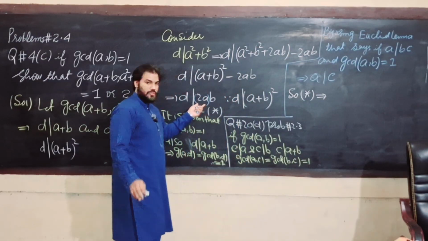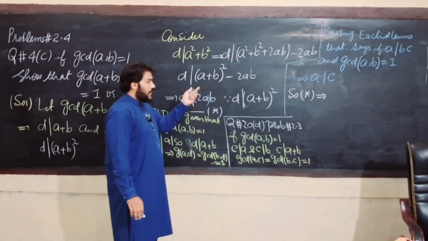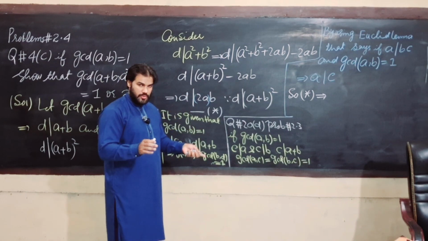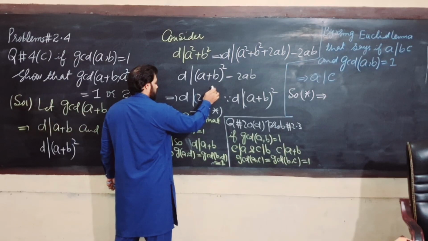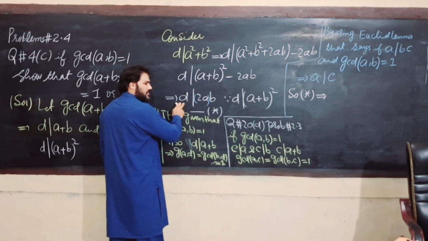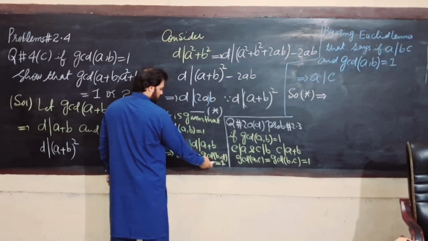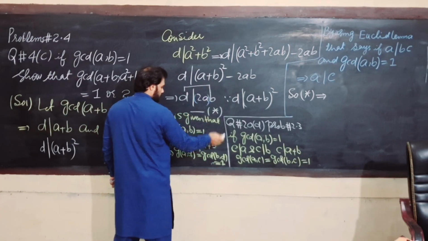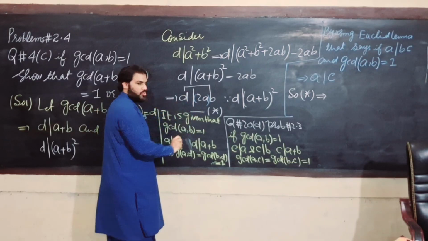In star we have three numbers: one is 2A, second is B, and third is D. Euclid's lemma says that if the GCD of one of the factors with the divisor D is equal to 1, and we have proved that GCD of B and D is equal to 1, then D must divide the other number 2A.